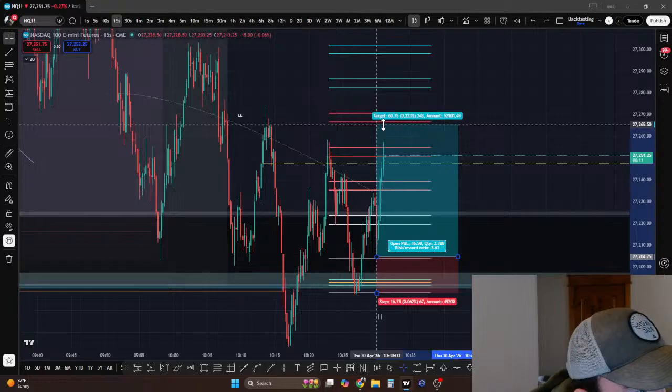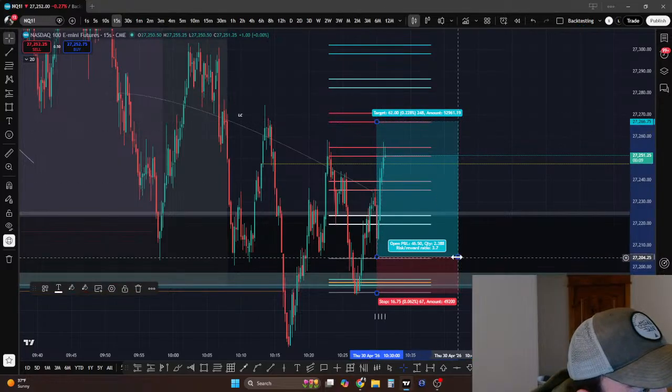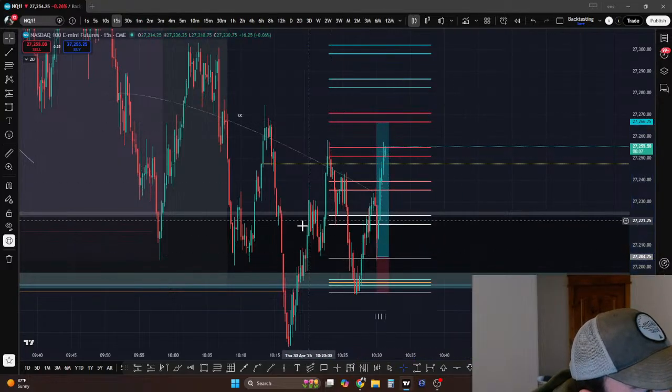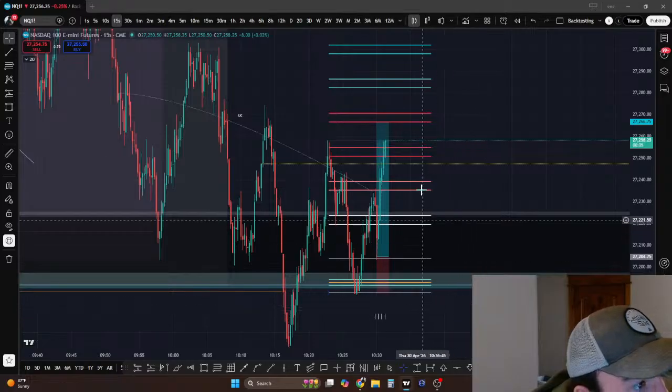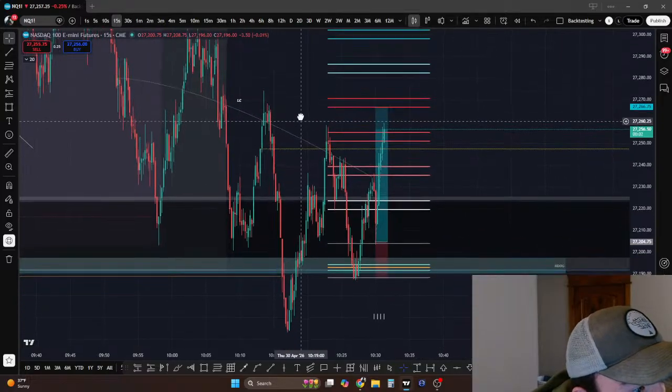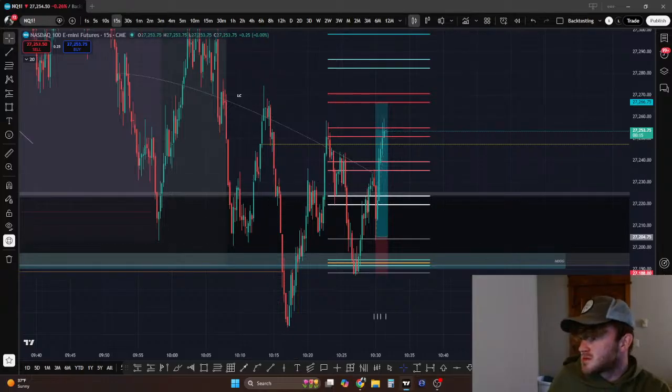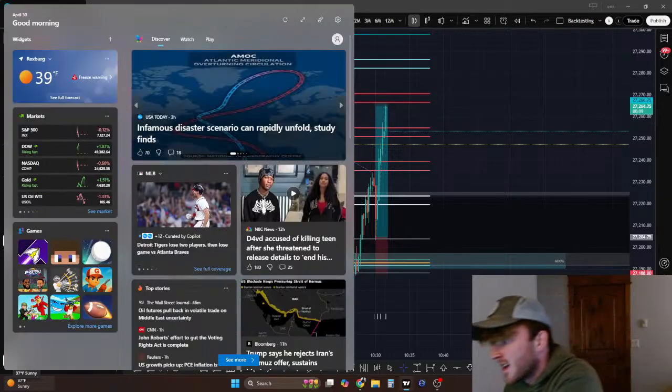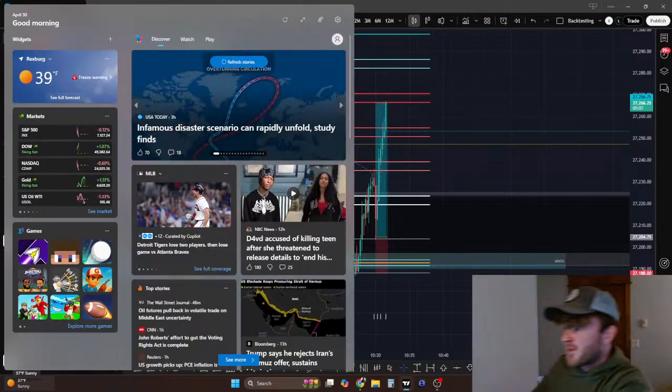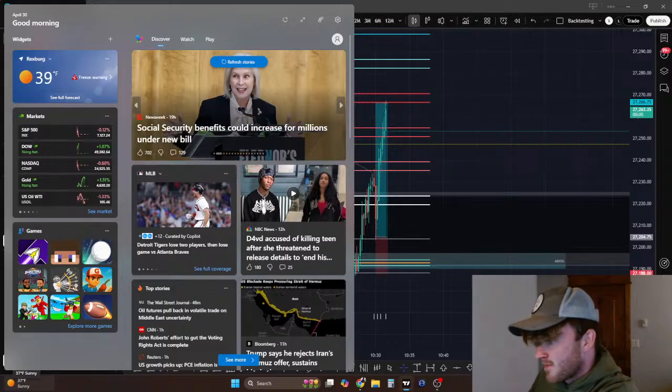Alright, so I just took my shadow model on the sim account. That's cool. Alright, it's about to hit TP. Okay, just hit TP. Here's proof.